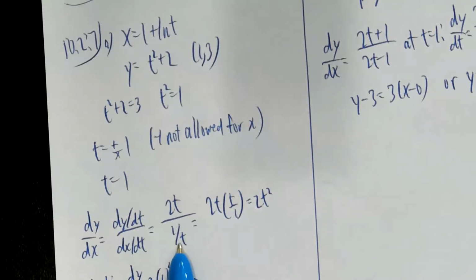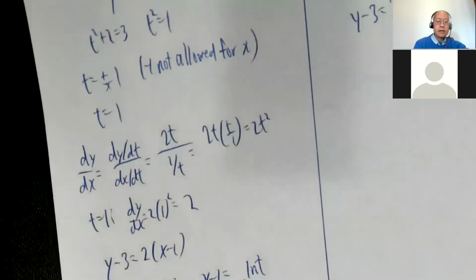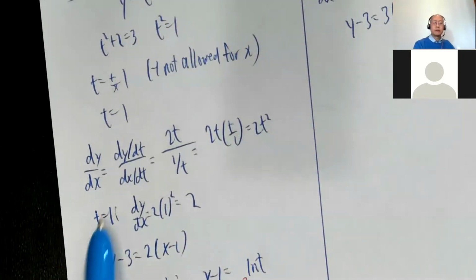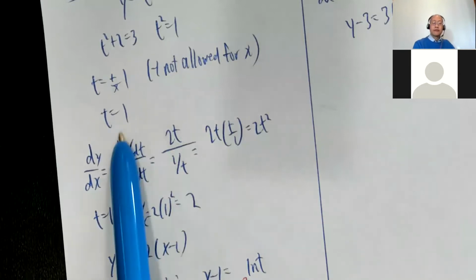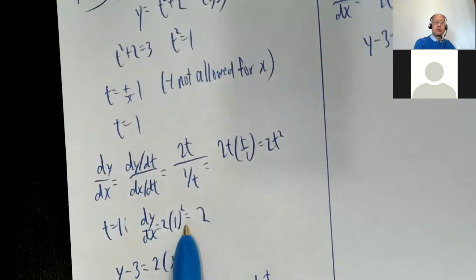If you divide by a fraction, you multiply by the reciprocal, so 2t times t over 1 comes out to 2t squared. Plug in t equals 1, so dy/dx is 2 times 1 squared, which is 2.